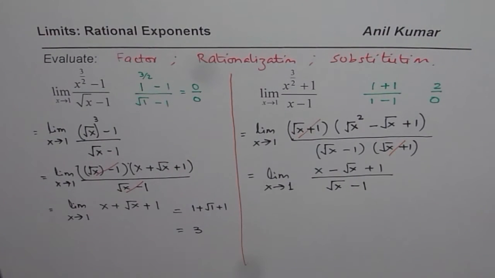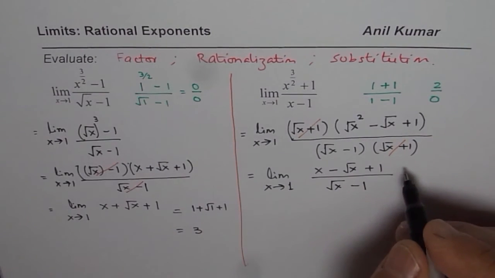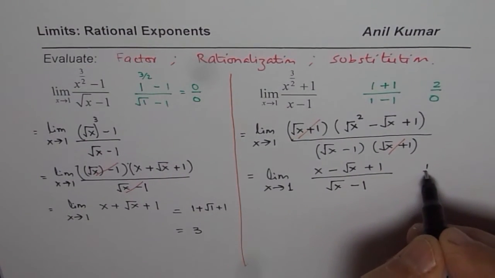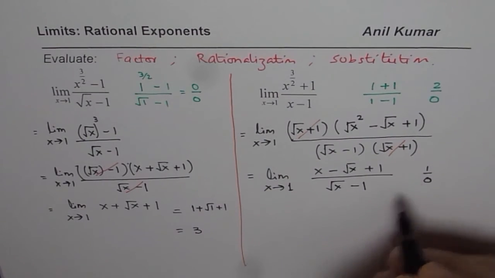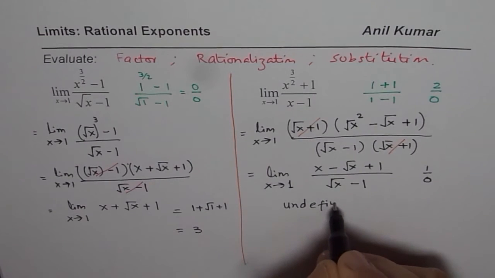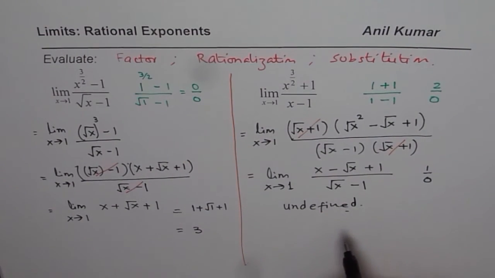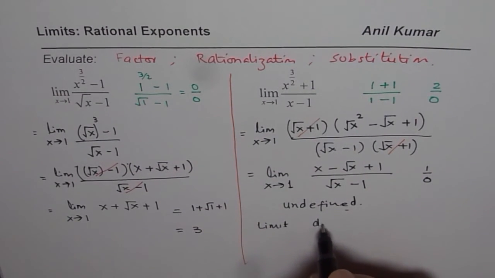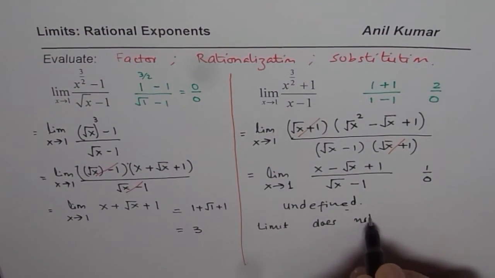So in this particular case, you find that it is again of the form something which is 1 over 0. Do you see that? So basically it is undefined. So in this case, what we say is that the limit does not exist.